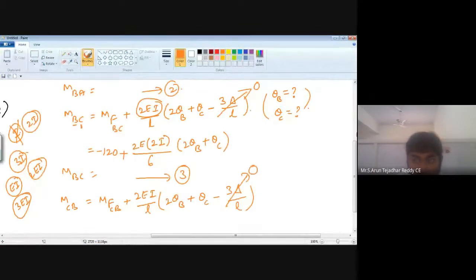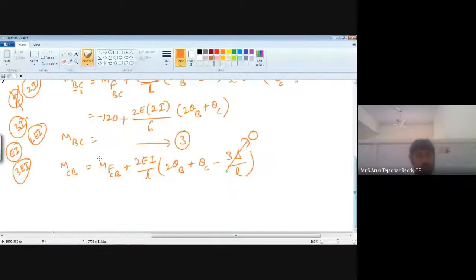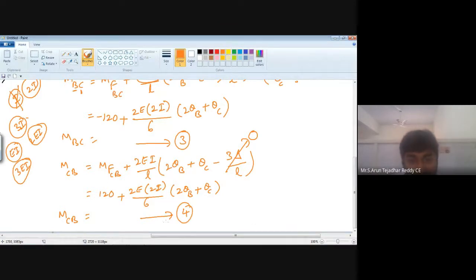Now already we know the MFCB value, that is 120, plus 2E into moment of inertia given 2I. BC is equal to CB. Next MCB. All of you calculate this equation, then you will get one equation, that is number 4. Here CB is completed.